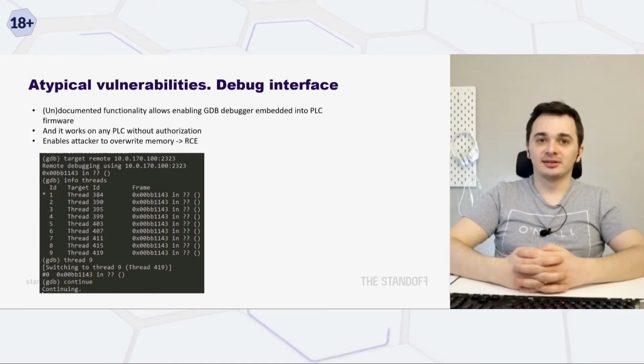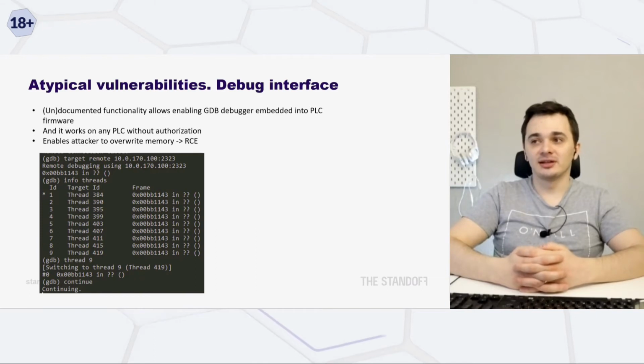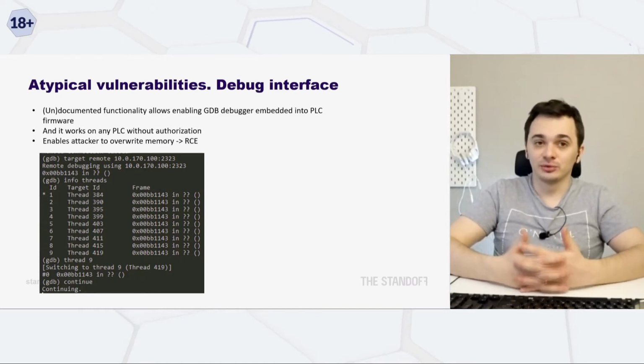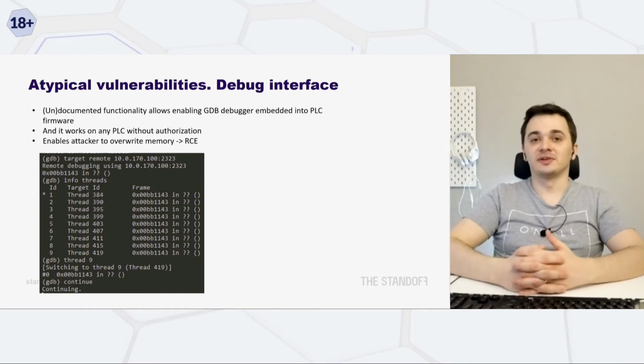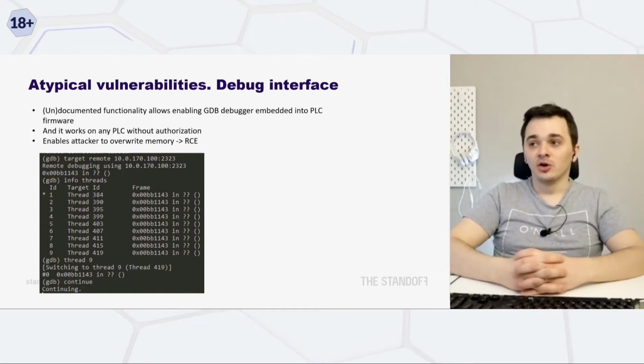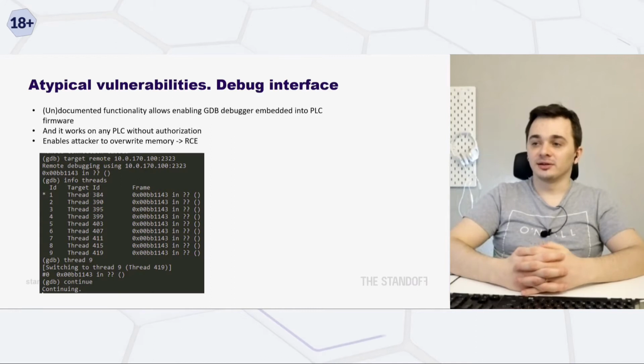And we realized that repeating the network exchange leading to the initialization of debug mode was no big deal. So if you initiate this exchange, the debugger will switch on port 2323, and you will be able to connect to it using all tools that you have.